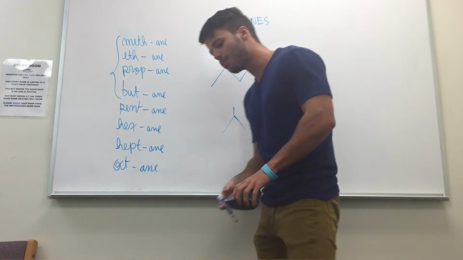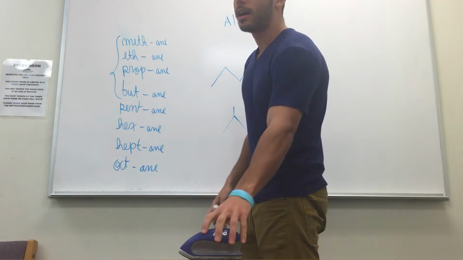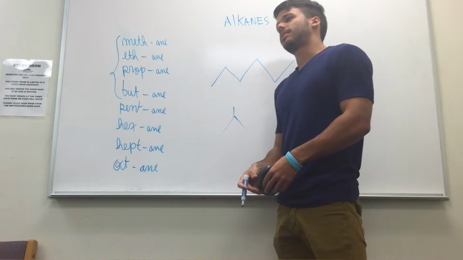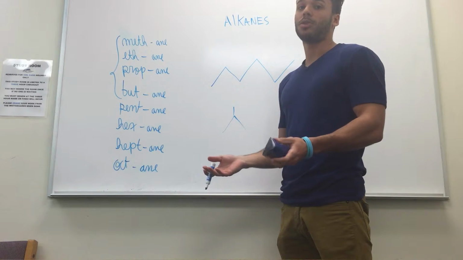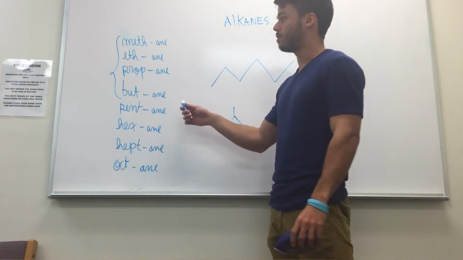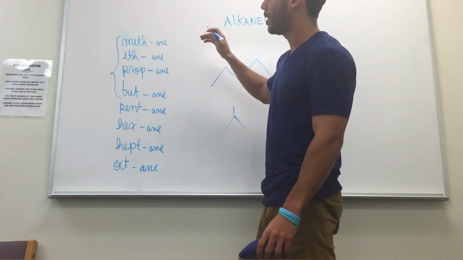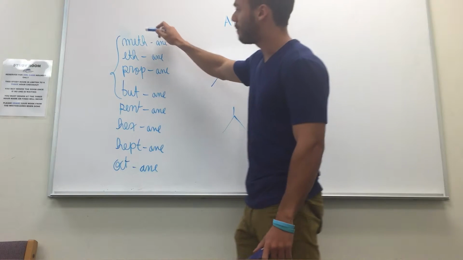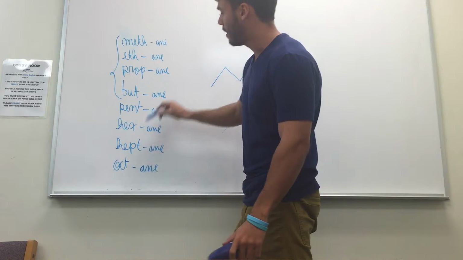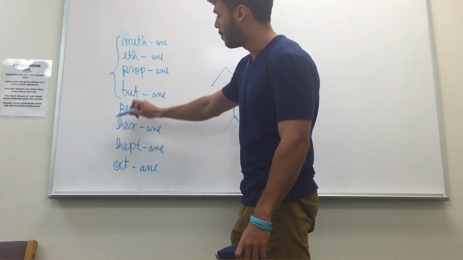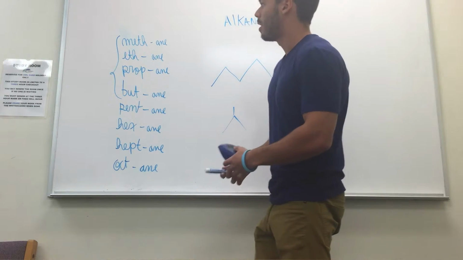Now, I don't really like to memorize stuff, and I guess sometimes you have no choice, and this is one of those times. When it comes to the naming issue, you will have to memorize, I guess, at least these 8 names here.